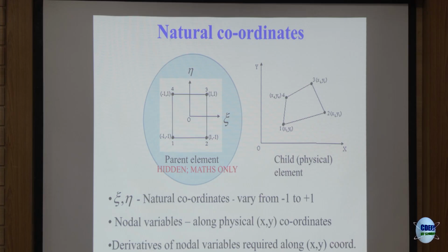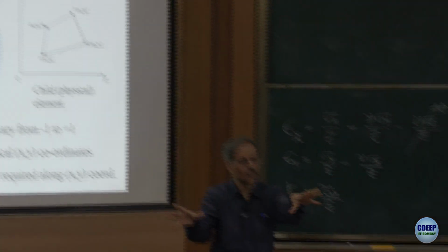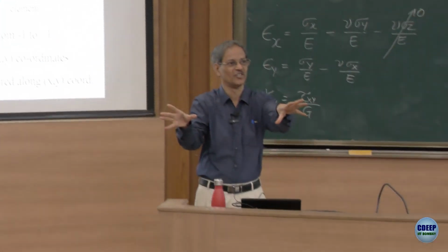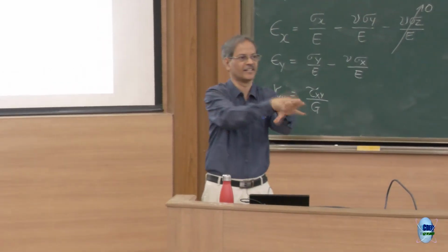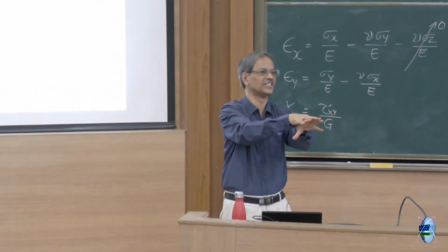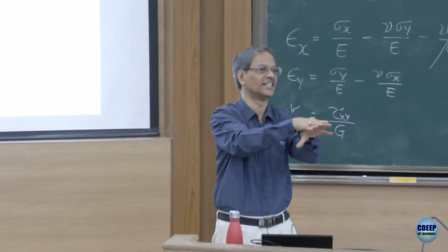So what I am going to do is to keep doing this back and forth. So xy to be related to zeta eta. The derivative that I need, I will use chain rule of differentiation and bring it in terms of zeta and eta.